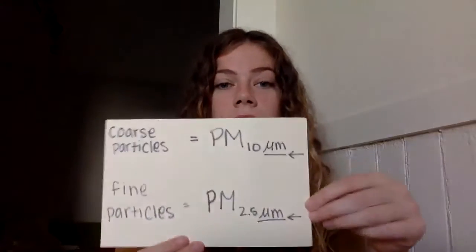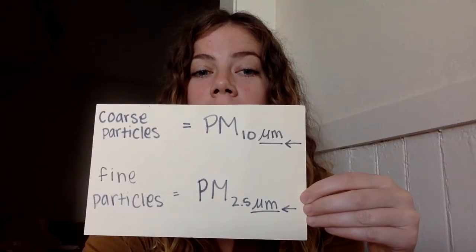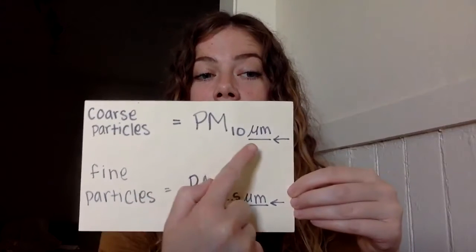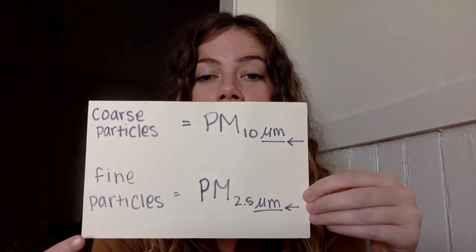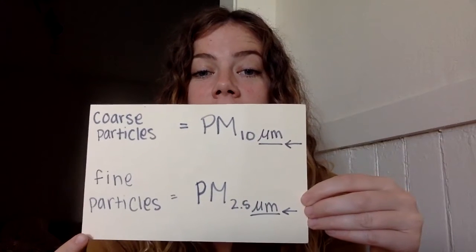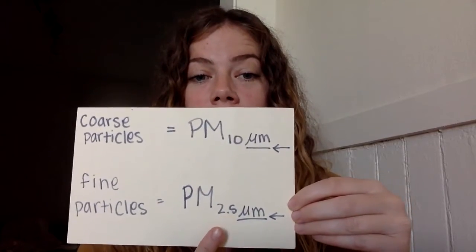Coarse particles, or PM10, in general terms, is an abbreviation for particles with an aerodynamic diameter less than or equal to 10 micrometers. Fine particles, or PM2.5, are particles with an aerodynamic diameter less than or equal to 2.5 micrometers.